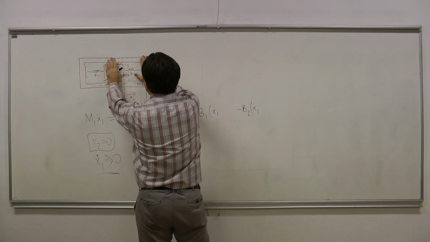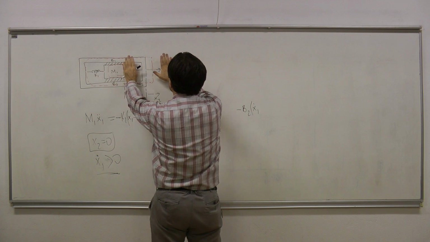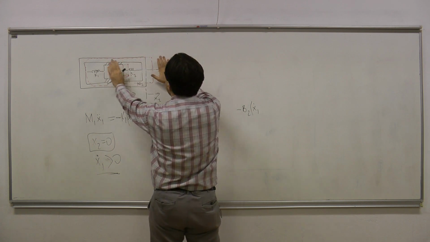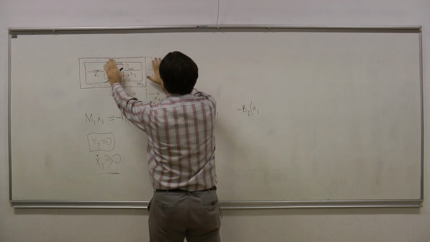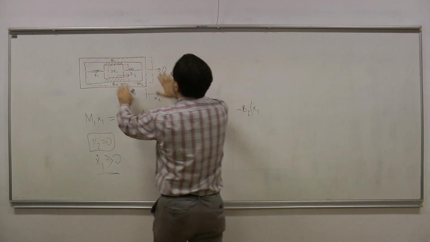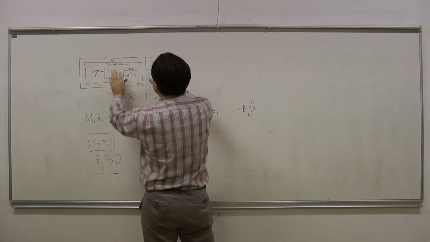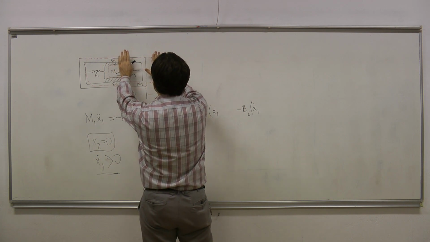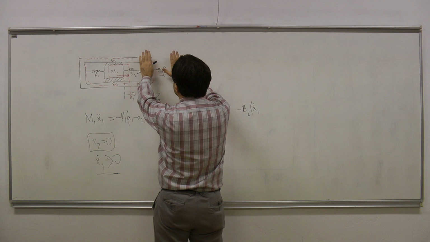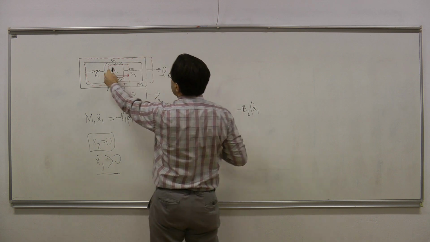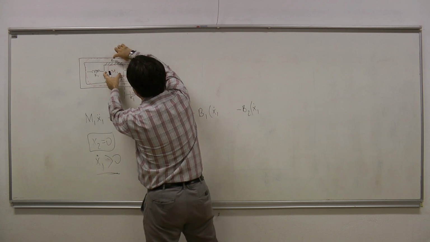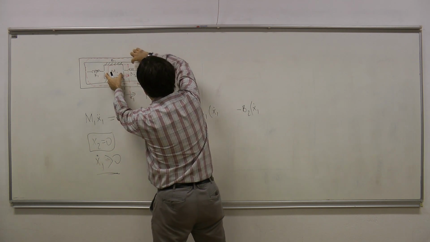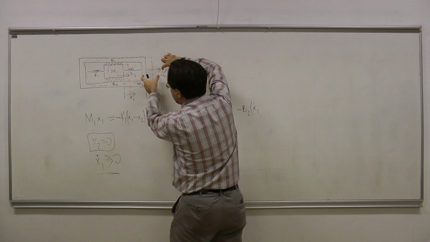So the mass m1 would be stationary inside the mass m2, stationary with respect to m2, although both of them are moving. In that case, the friction is not going to be effective at all, because there won't be any relative motion between these masses when both of them move with the same velocity.